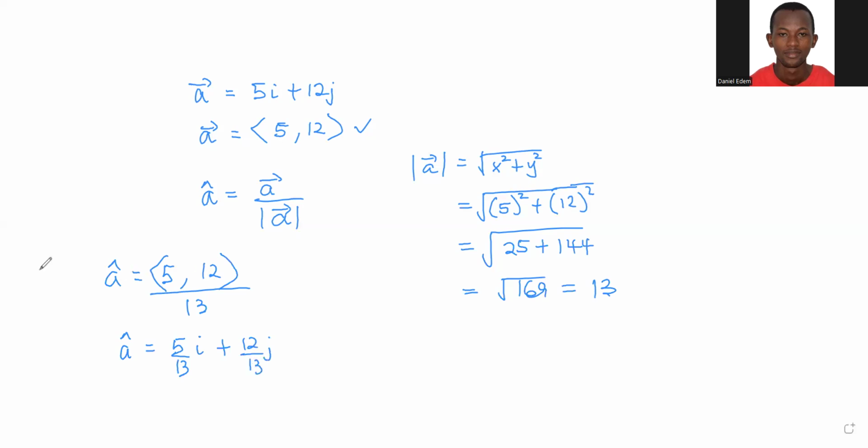What it means is you are taking each of them over the denominator. And don't forget this one belongs to i, and this one is for j, as it was given. So that's how we solve a unit vector. Let's take another question for better understanding.